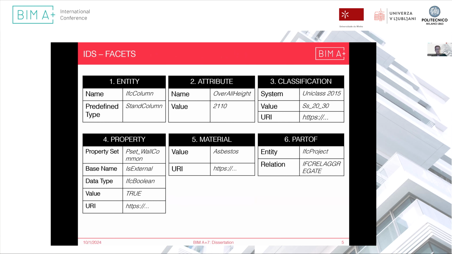Then a very handy facet, property, where we define property set, base name, which is the name of the property, data type, value, and once again, URI. Then material, and lastly, part of, which is more of a niche facet. It defines basically the relation between 2 IFC entities.